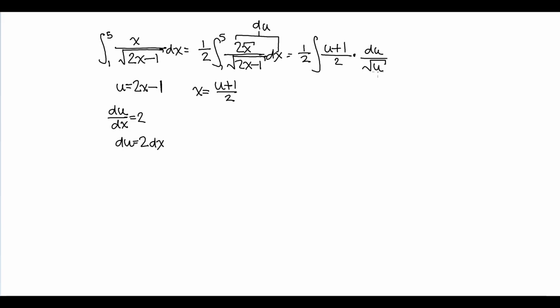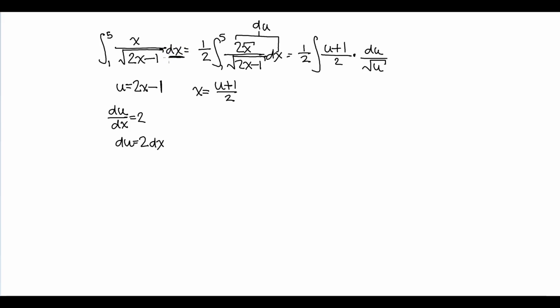So yes, it does look like a very scary integral. However, what happened to our limits of integration? Here is where you have to account for the changes that occur with u-substitution. We cannot plug in 1 and 5 because 1 and 5 were the limits of integration for x.